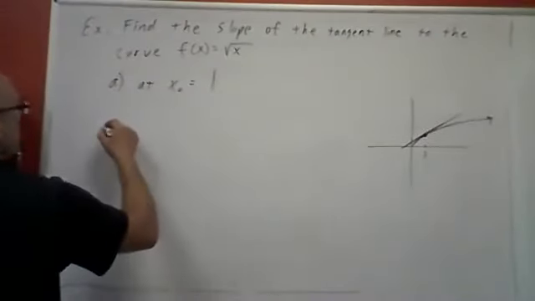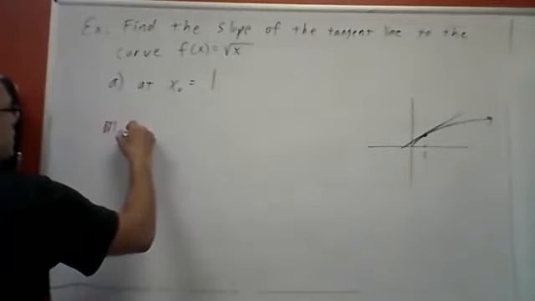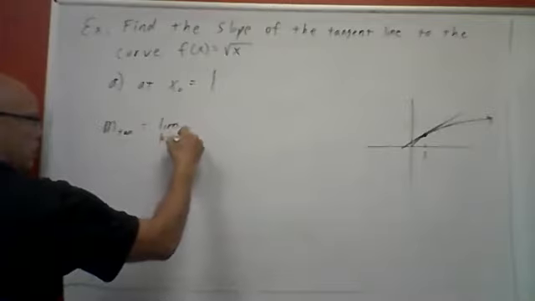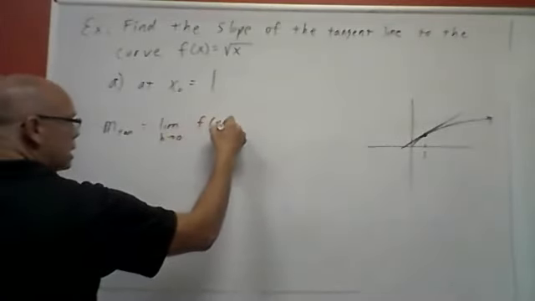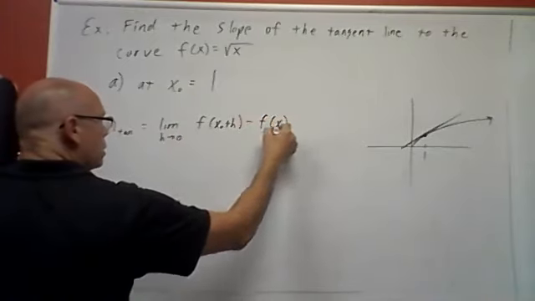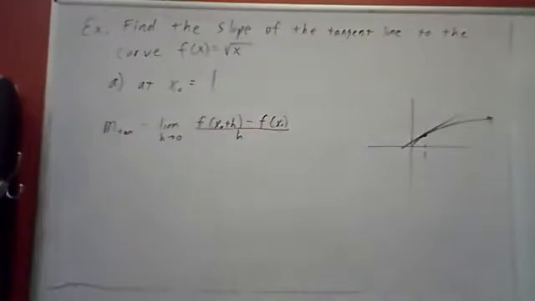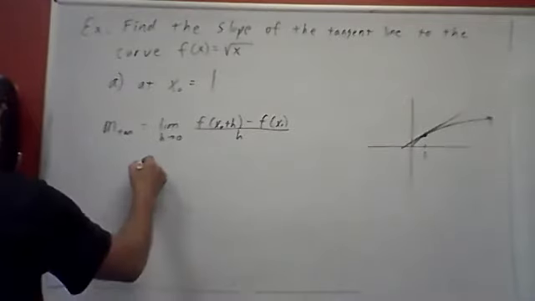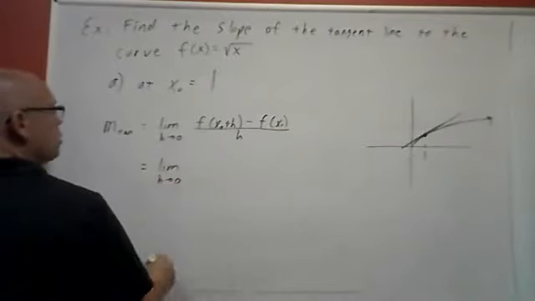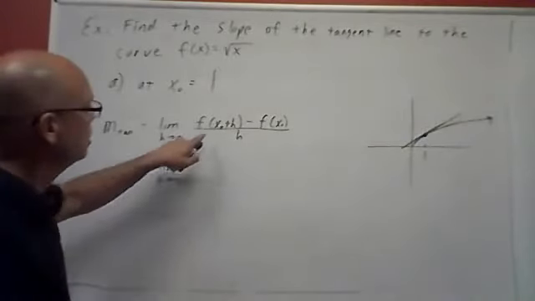All right, how do I find that? I say m subscript tan is equal to the limit as h approaches 0 of f at x naught plus h minus f at x naught all over h. Well, let's see, that's the limit as h approaches 0 of, what does this mean?